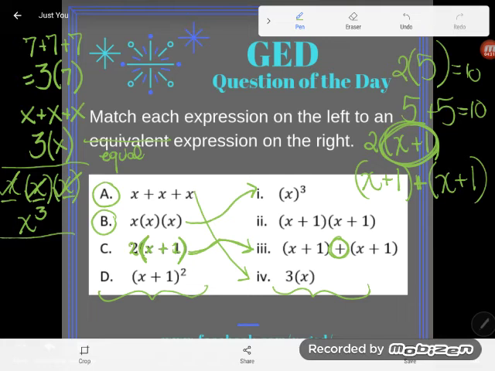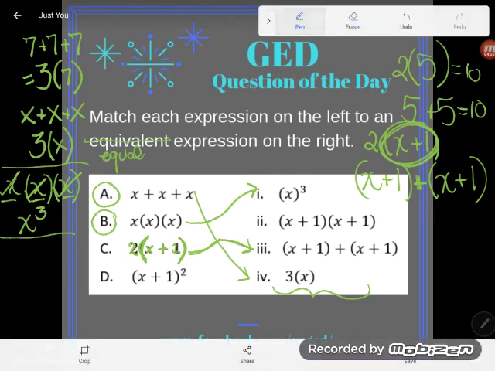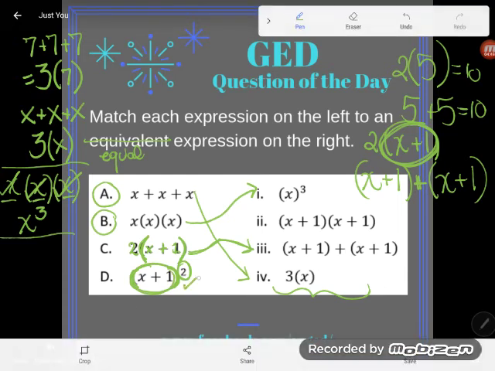D says x plus 1 squared. Well, we just talked about what those little floating numbers mean, those exponents. They mean repeated multiplication. So what am I saying? If I say take all of this, x plus 1, and square it, I'm saying take all of this and multiply it by itself 2 times.